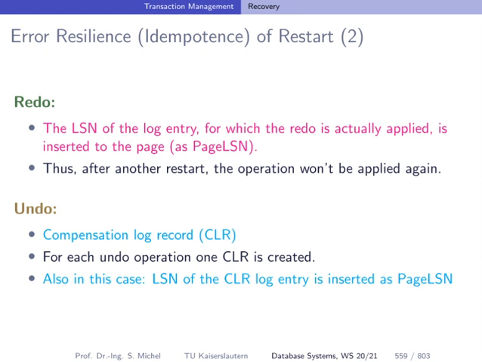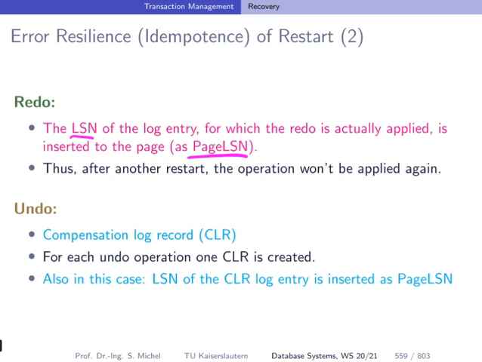So I said that this was already discussed, why redo is idempotent, and in fact this should be quite obvious, because we have page log sequence numbers inside our pages in our database. So we can compare the log sequence number with the number inside the page, the so-called page log sequence number.